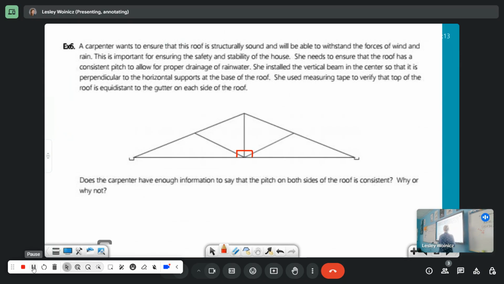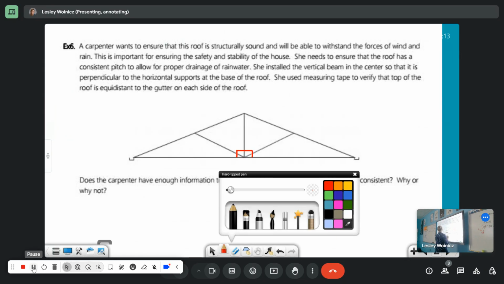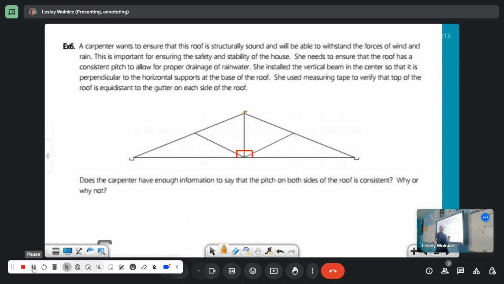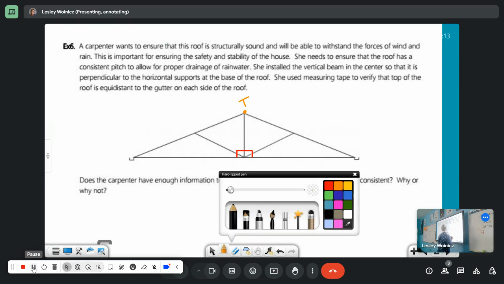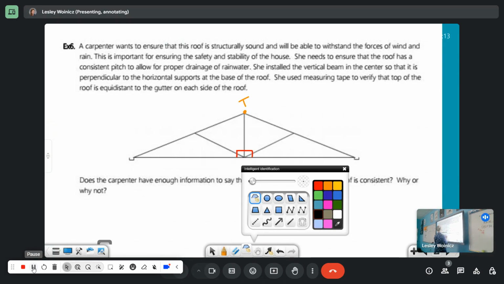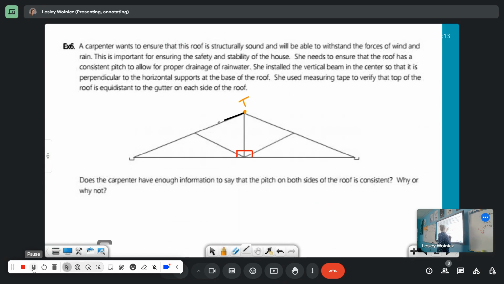Okay, so we know that the very tippy top of the roof, can we call this T for top, is equidistant to the gutters on each side. I'll make it orange so you can see it.